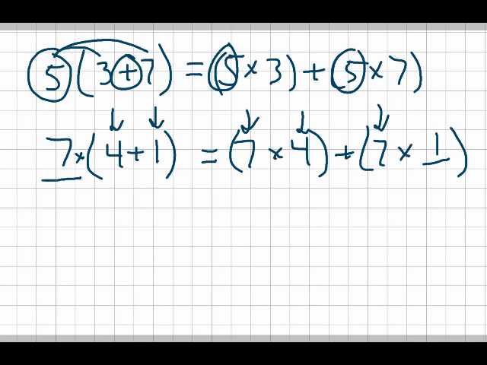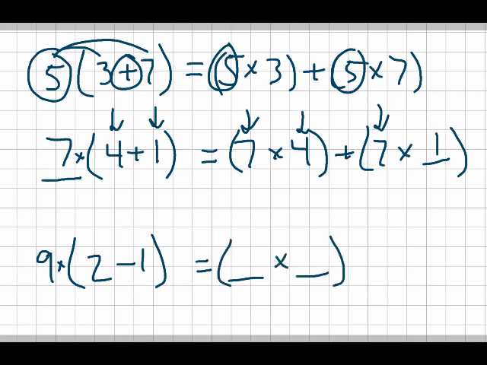All right, let's do one more. 9 times 2 minus 1, let's just stick simple here, equals blank times blank minus blank, 9 times 1.